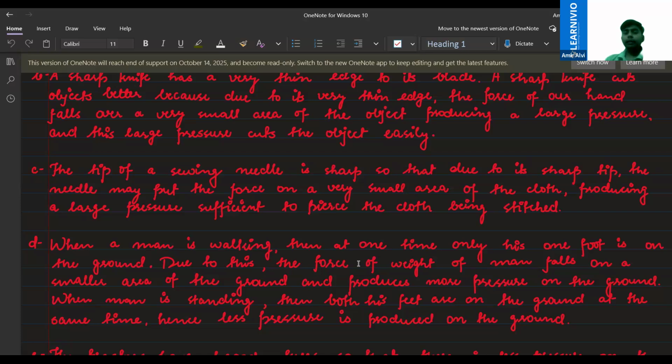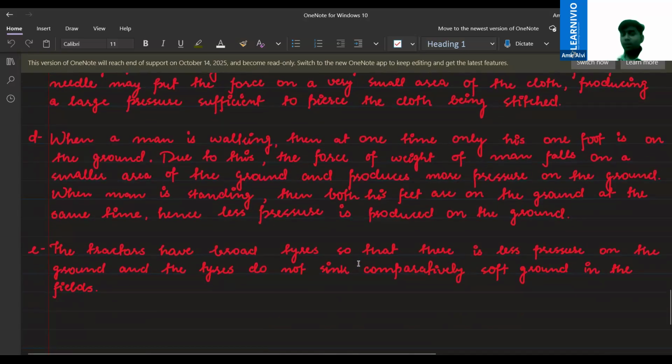But on a single foot, the pressure would be larger. Tractors have broader tires. Why? The soil is very loose, so the tractor might sink into the soil. To avoid that, we make broader tires to decrease the pressure. Okay, Harshita? Yes, sir. Good.